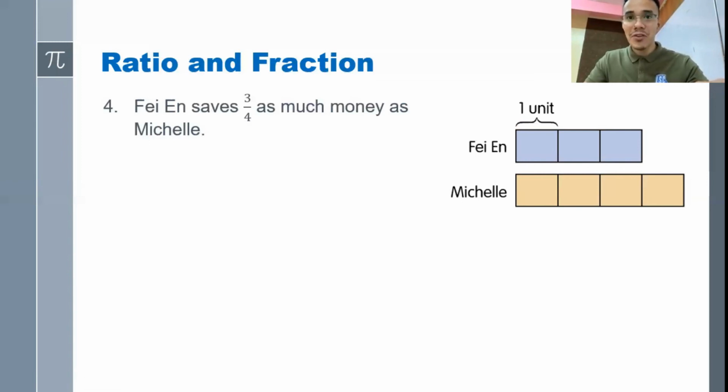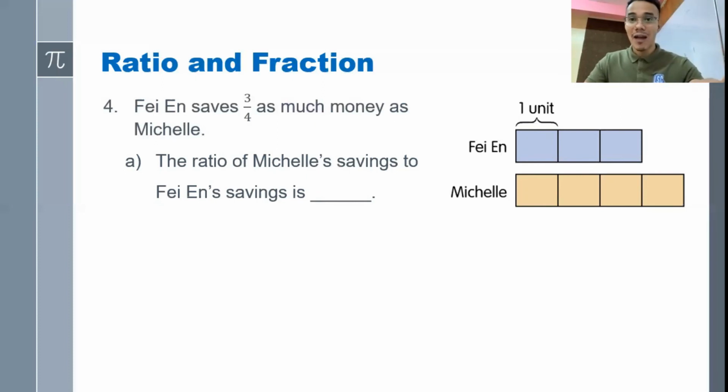So in terms of units, Faye N has 3 units, Michelle has 4 units. Question letter A, the ratio of Michelle's savings to Faye N savings is, Michelle has 4, Faye N has 3, so the ratio is 4 to 3.